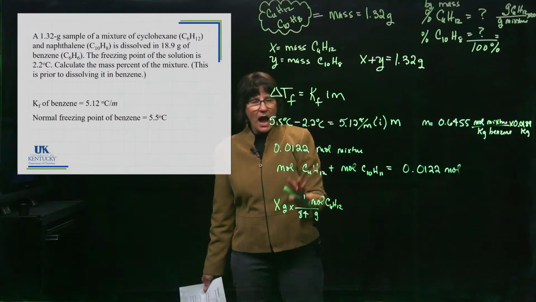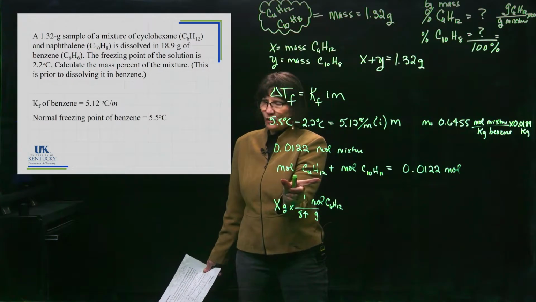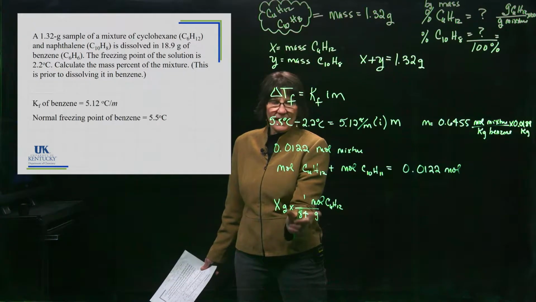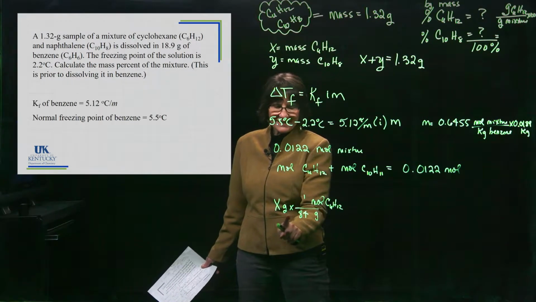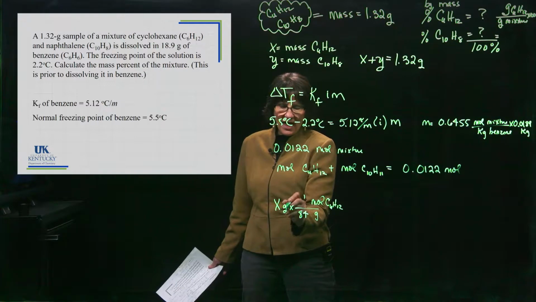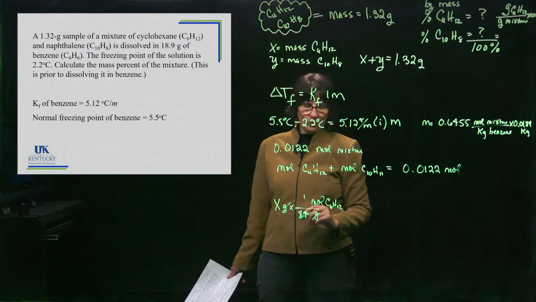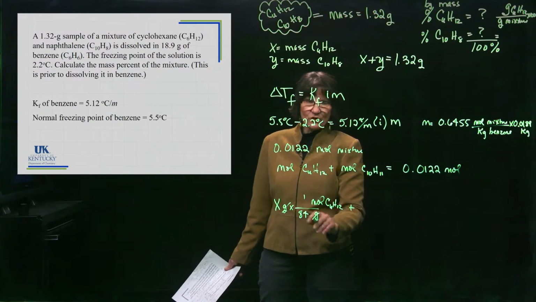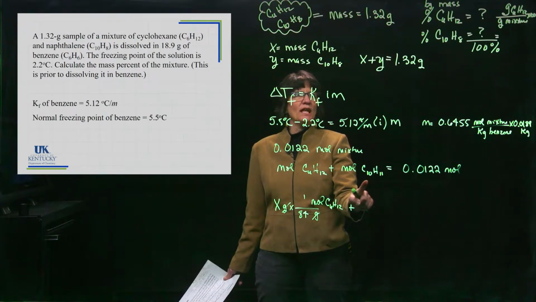I'm replacing what's sitting here with something that has X in it. Is moles not mass divided by molar mass? Would that not leave me with moles? Yes, it would.